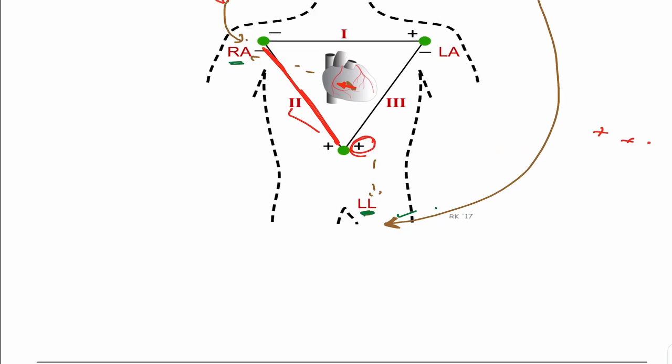We are not taking 1 and 3 right now. Again, this is the positive terminal, this is the negative terminal, isn't it? So a depolarization vector, which is a positive vector, moves away from the positive, it moves towards the negative charge. So this is the negative charge, and this is a positive vector which moves towards a negative.